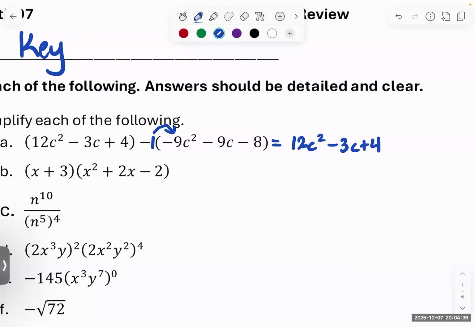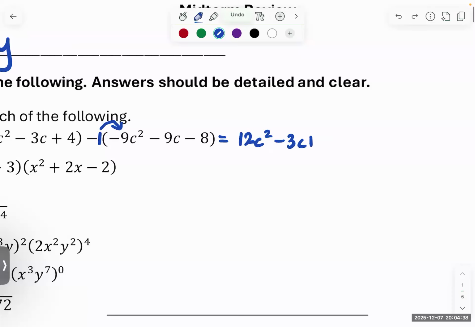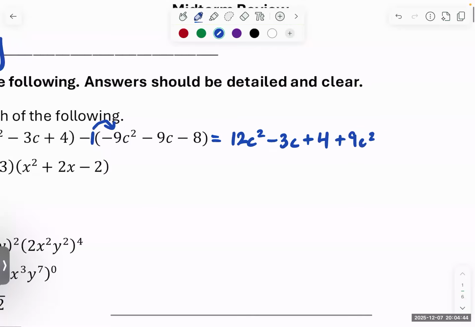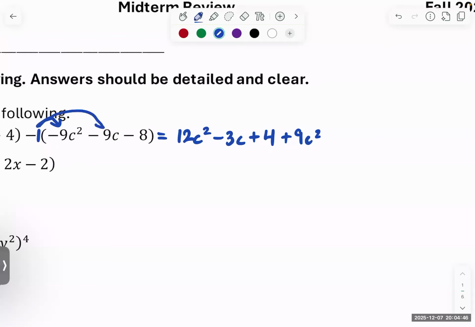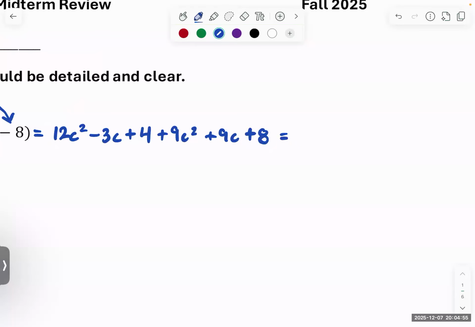Plus 4. And -1 times -9c squared is positive 9c squared, plus 9c, plus 8. And then what you need to do here is just combine like terms.